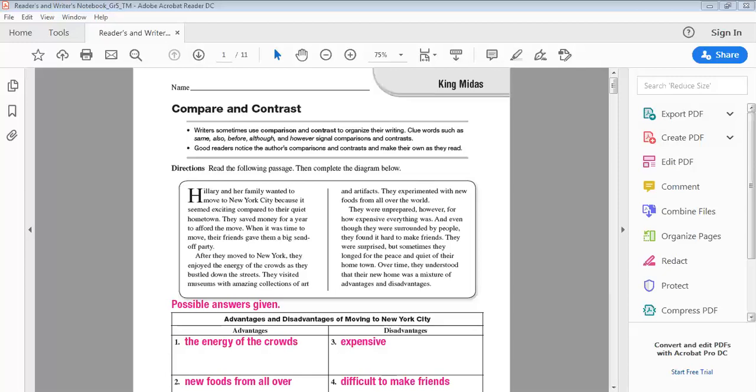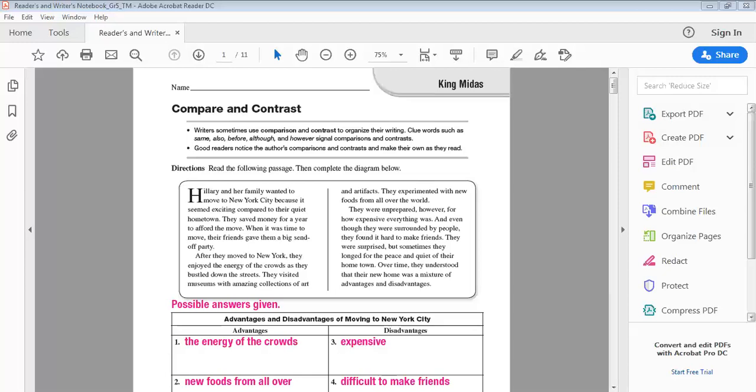They were unprepared, however, for how expensive everything was. Compared to where they lived before, things were not as expensive, but now in New York they found everything very expensive. Even though they were surrounded by people, they struggled to make friends, which surprised them.